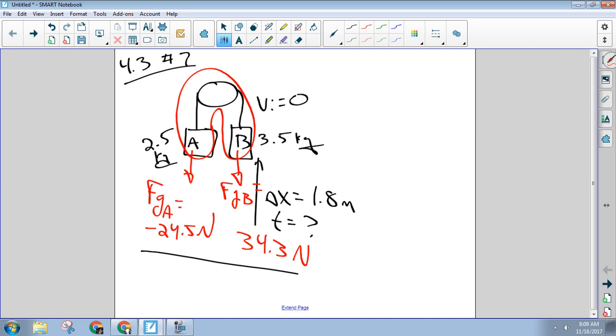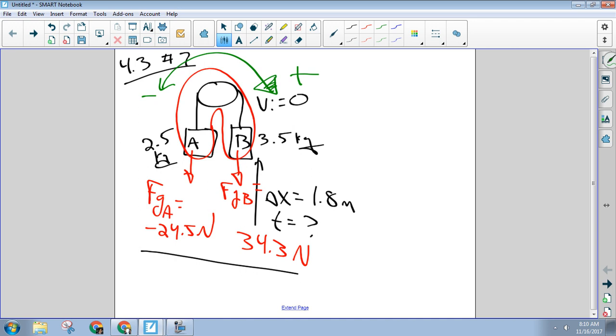I inadvertently made this one negative, so should I make this one negative? No. So at this point, we got to decide on our sign convention, and I just sort of did it there by accident, right? The idea is, because block B is heavier, the system's going to go this way, right? So for my system drawing, I'm going to make this way positive and this way negative. Everybody good up to there?